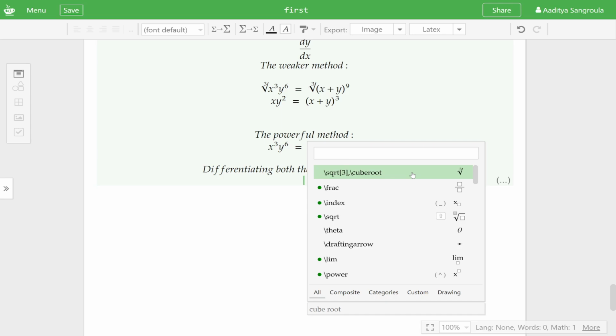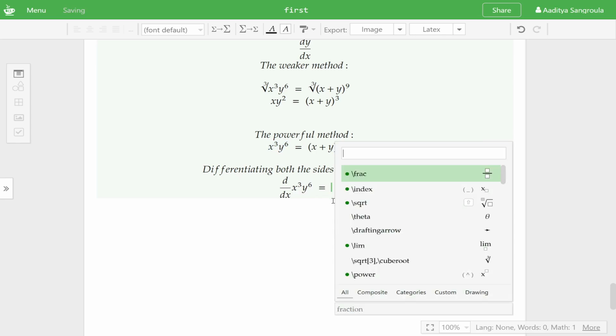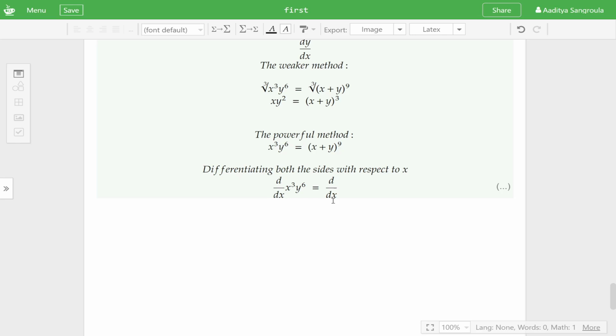So this is d over dx of x cubed plus y to the 6th power, which is equal to d over dx of (x plus y) to the 9th power, right? So this is the derivative. Now, how do we get the derivative now?